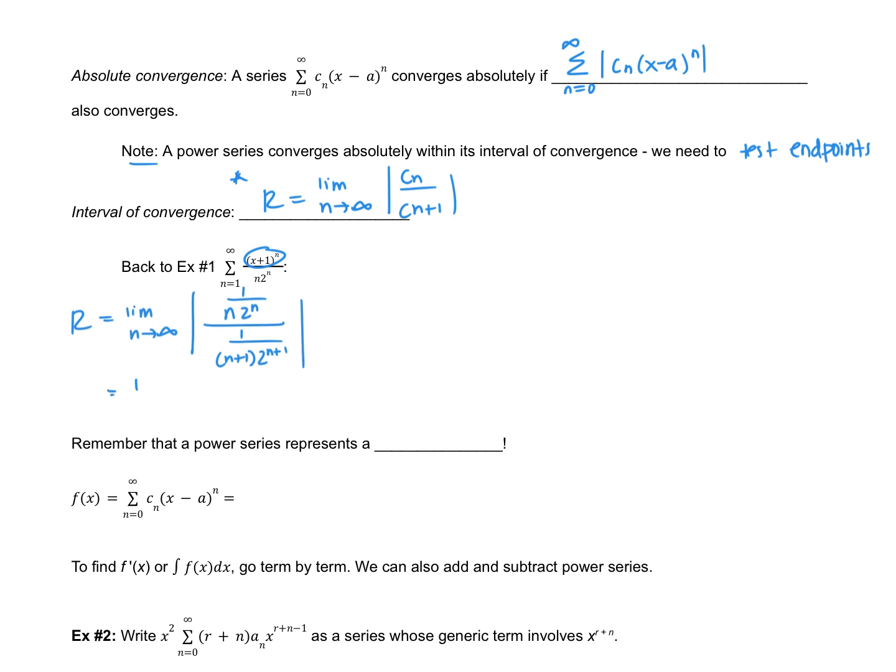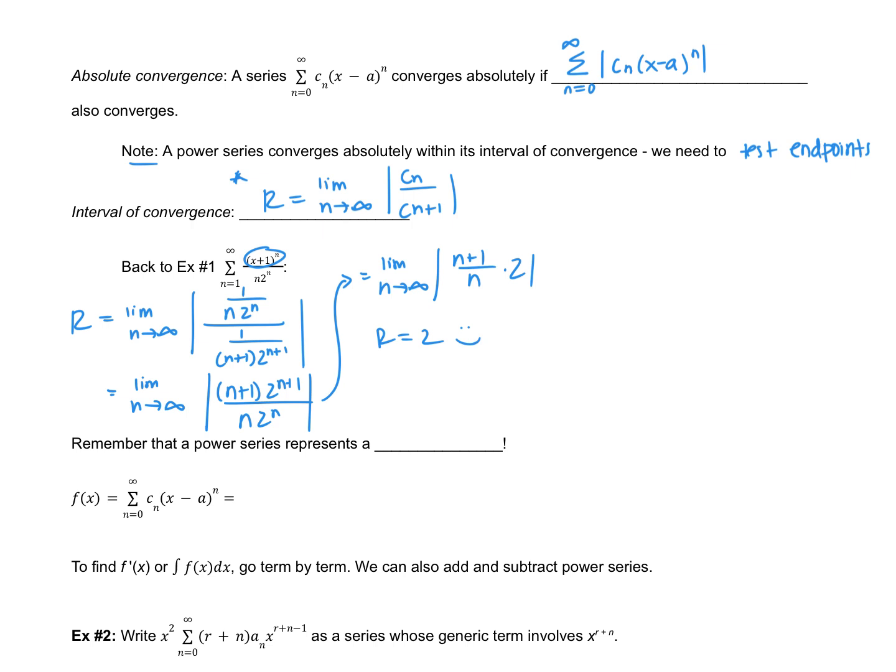And if I simplify that, it's going to give me the limit as n approaches infinity of n plus 1, 2 to the n plus 1, over n, 2 to the n, which becomes the limit as n approaches infinity. If I clean things up, I have n plus 1 over n times 2. So I get a radius of 2, which we already knew.